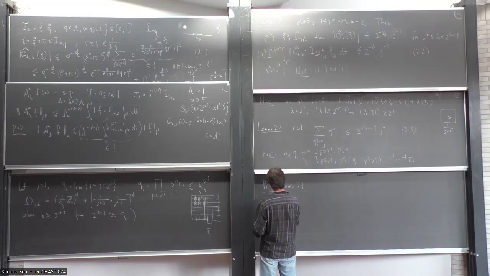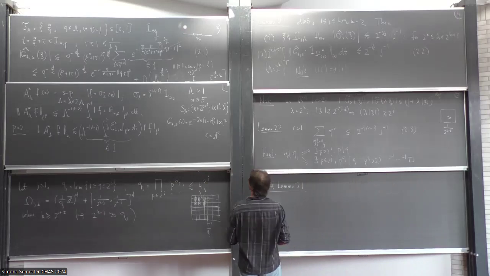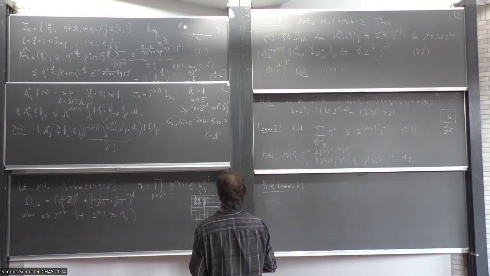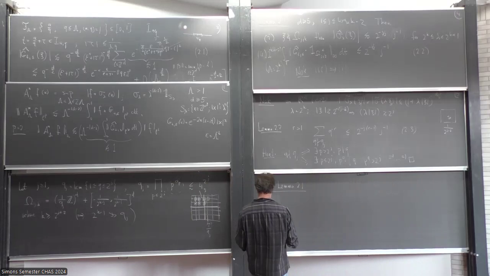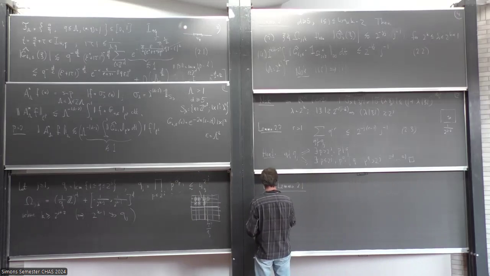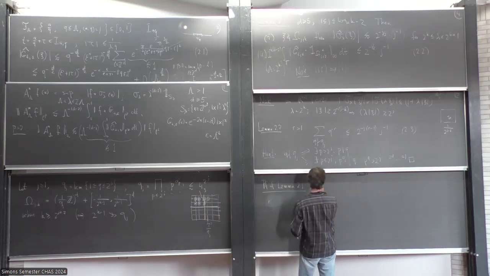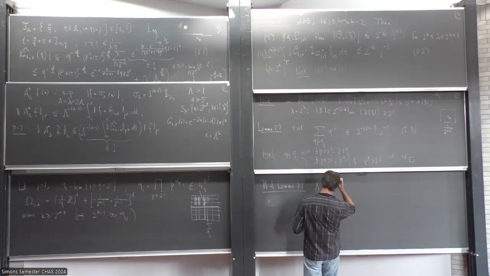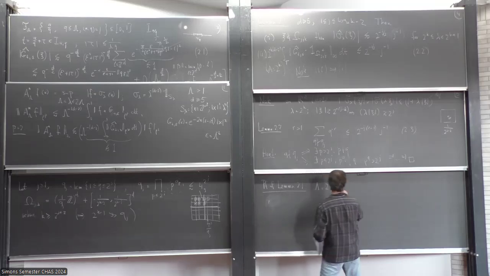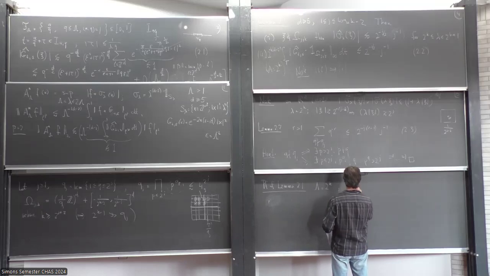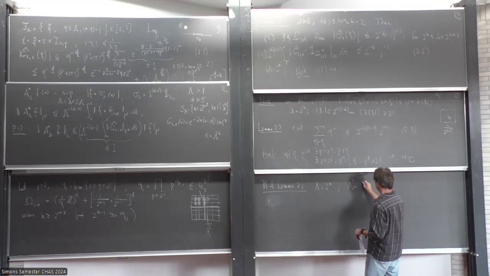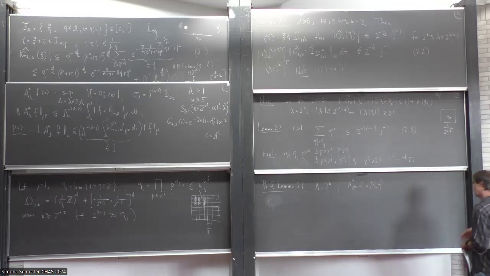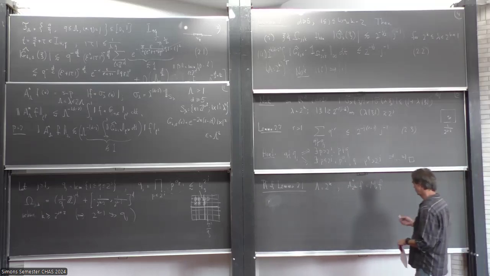We start with 2 to the k, and because we will write this expression a number of times, we simply write M_k f, the maximal function attached to scale 2 to the k.